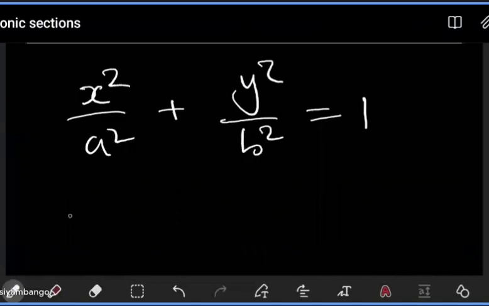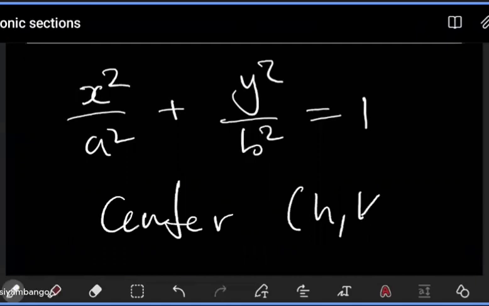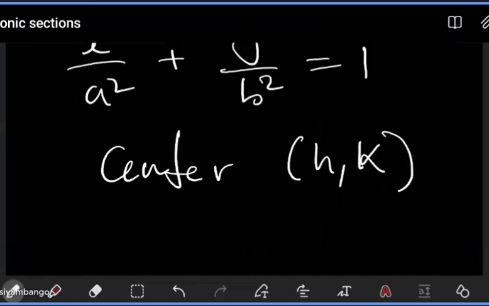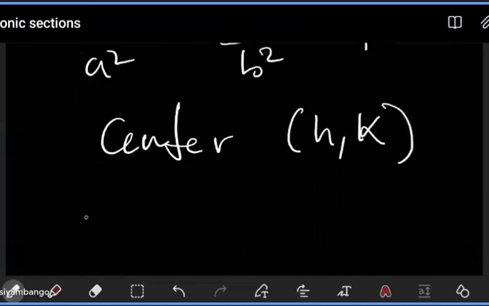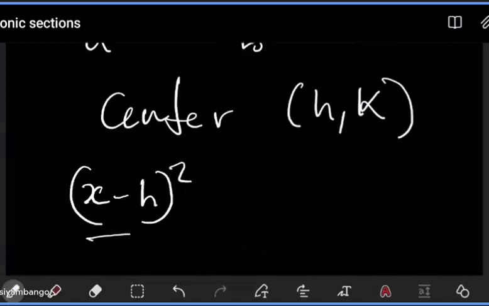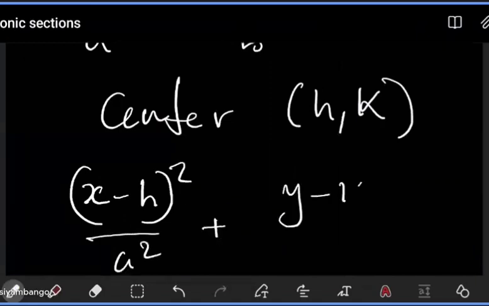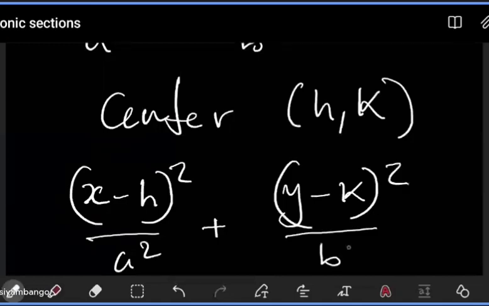In our previous class, we started to say that for the general formula of such an ellipse, let's say it is centered somewhere like at (h, k), such an ellipse would have a general formula which would be (x minus h) squared over a squared plus (y minus k) squared over b squared is equal to 1.